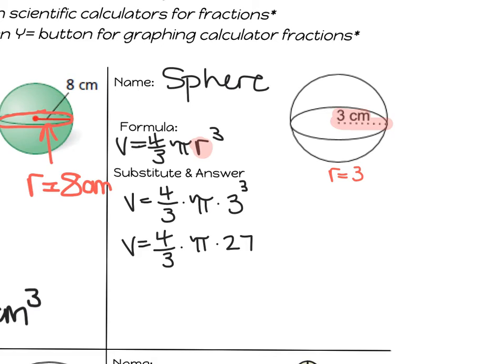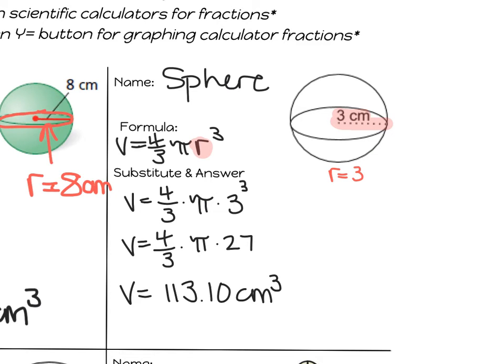And now we can type that in, 4/3 times pi times 27. This time I got 113.10, rounding. And our unit is centimeters cubed.